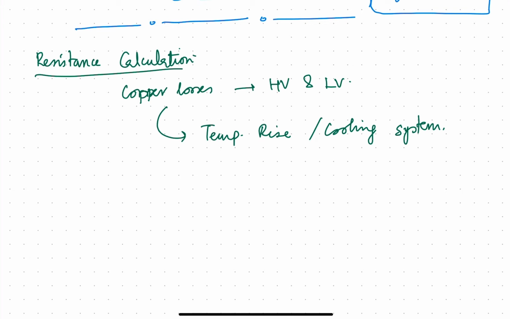So what do we need to calculate this resistance? We first need to find out the area of cross section of the conductor of the HV and the LV windings, and from these we can calculate the mean length of the conductor, mean length of LV and HV.